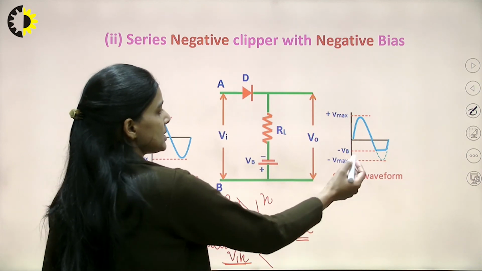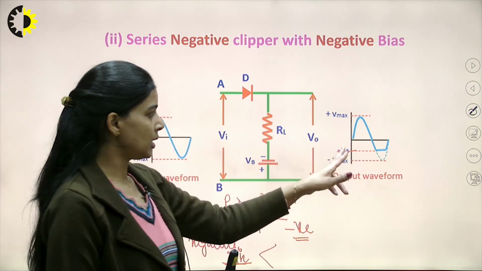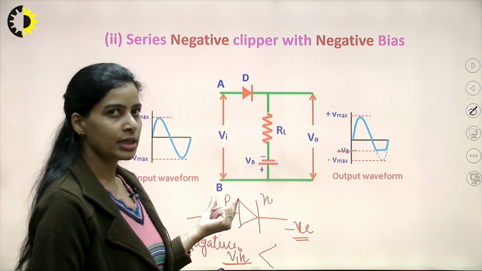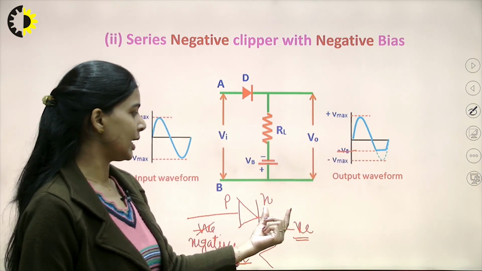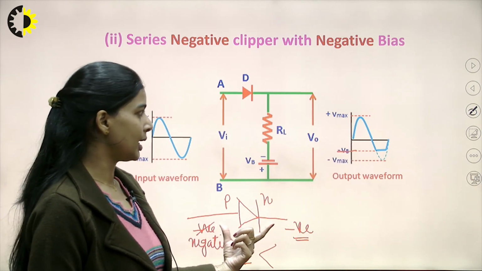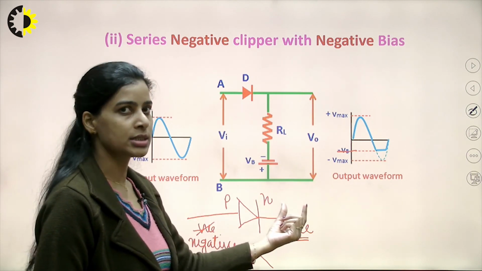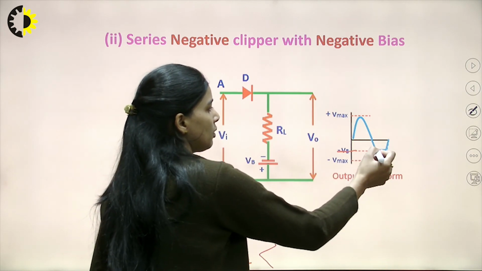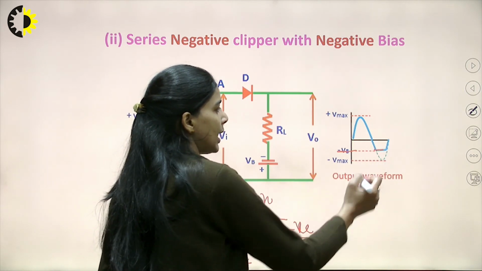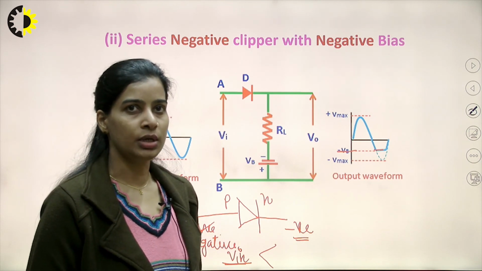Here we can see up to the minus VB point, when the voltage at the P side is less negative than that of the N side, the diode will conduct. Less negative means it is comparatively positive as compared to the N side. So, up to the VB value we get the output, and beyond that we do not get the output voltage.